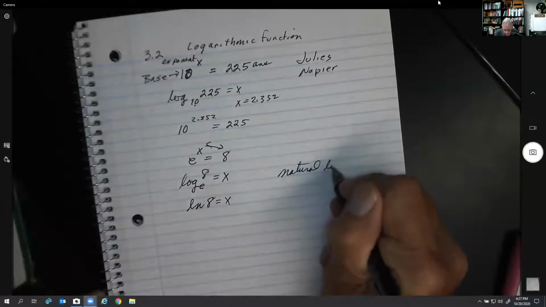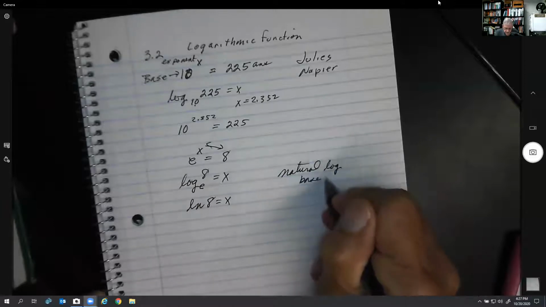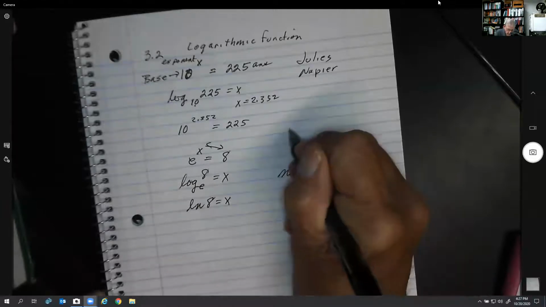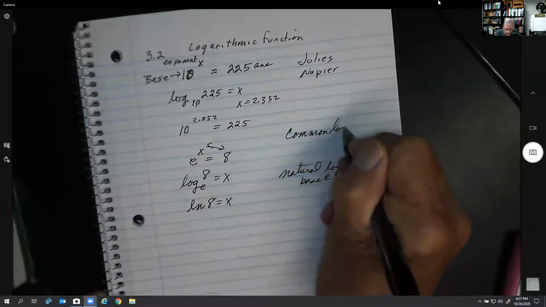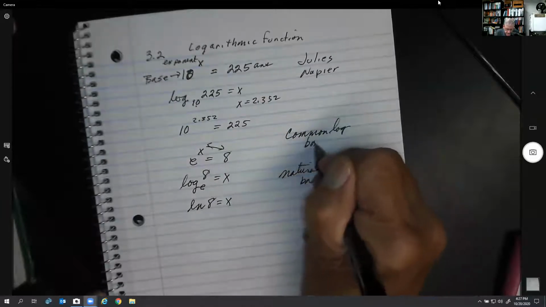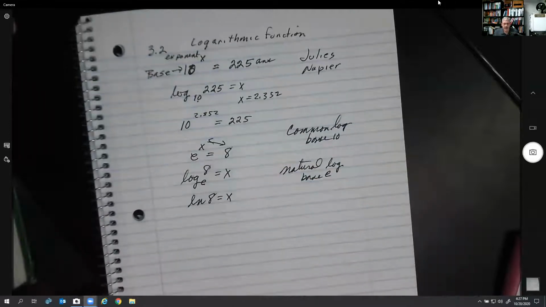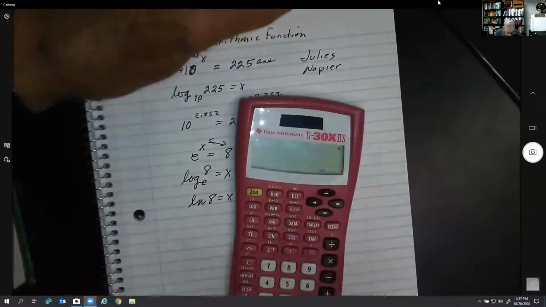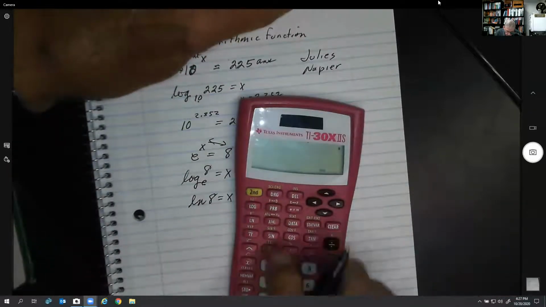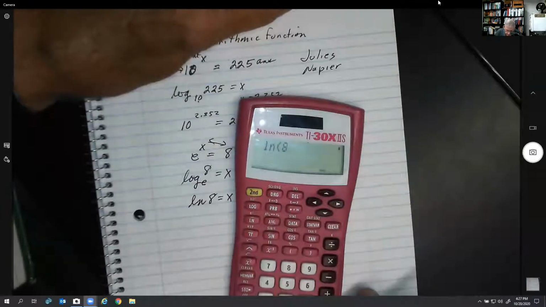Doesn't seem very natural to you, huh? Base e. And common log is base 10. So we have base 10 and we have base e. Okay, so let's hit ln, and you see ln's down here, 8.